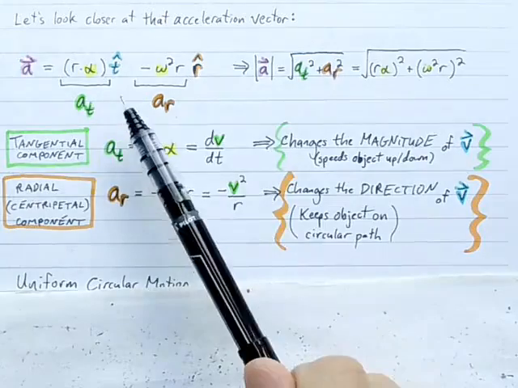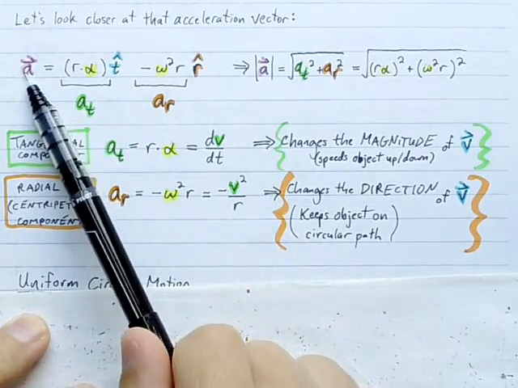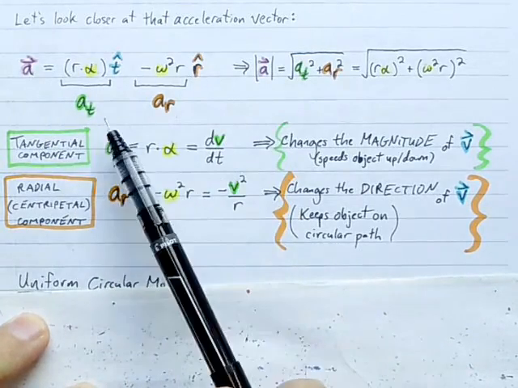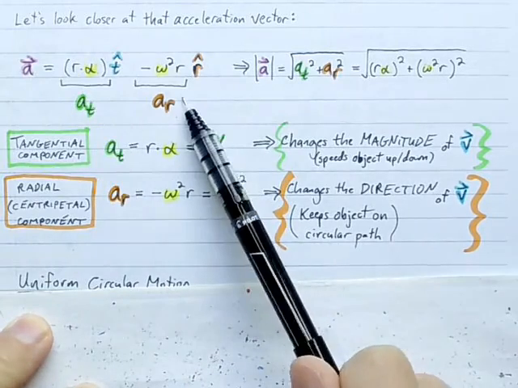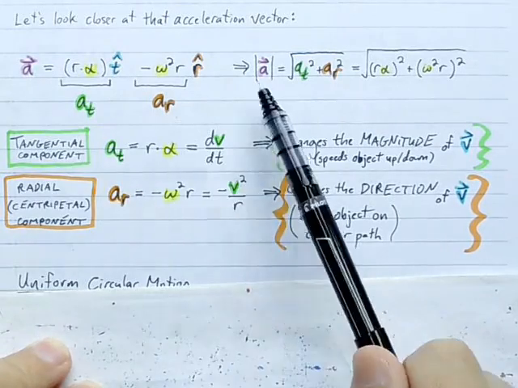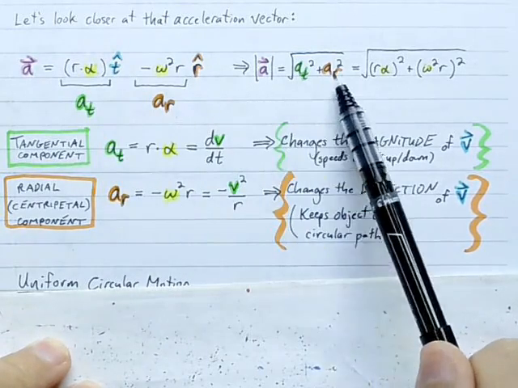So that got us here, and we conclude that the acceleration in general for an object moving on a circular path could have two components to it, a tangential component and a radial component. And so we would get the magnitude of the acceleration by using Pythagorean theorem on those two components here.